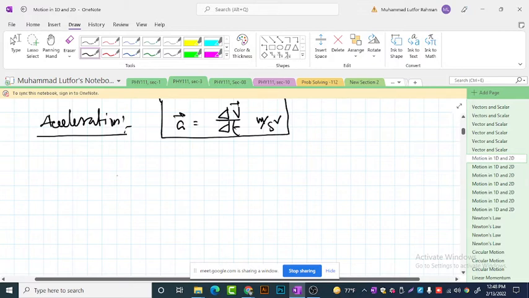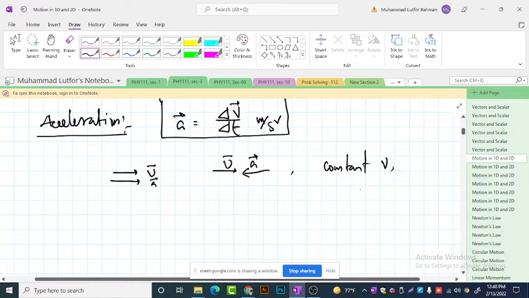In general, if your velocity vector and your acceleration vector are in the same direction, you can say that the car will speed up, the speed or the velocity will increase. If these two vectors are in the opposite direction, then you can say that the car is going to slow down. And if the car moves at a constant velocity, then the acceleration of that car is going to be 0.